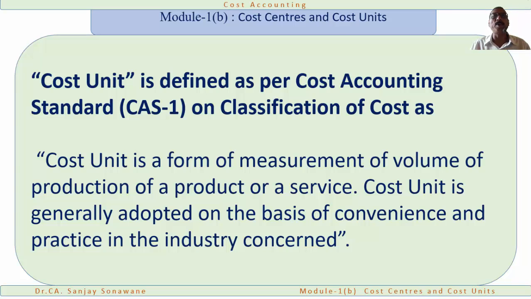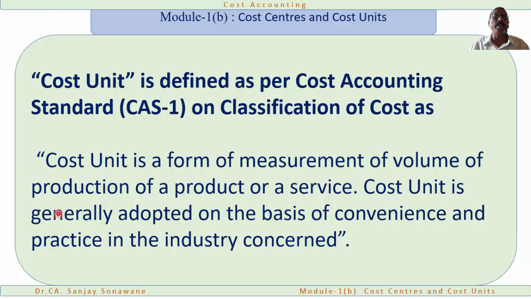Now let us first look at the definition of the unit cost, what we also call a cost unit, and then we'll see lots of examples of these cost units. Now again, this cost unit is defined under the cost accounting standard CAS 1, which is there on classification of cost. How is it defined under the standard? Let us see that.